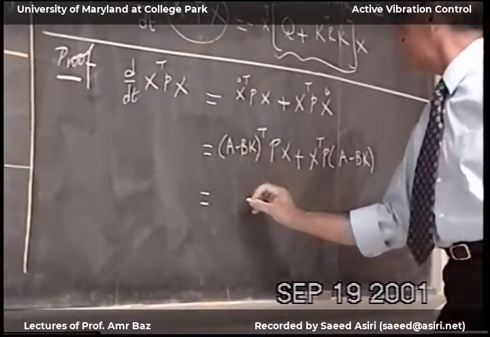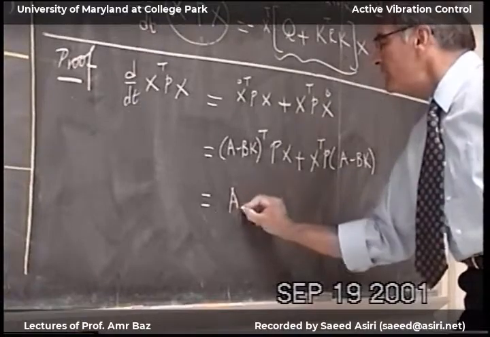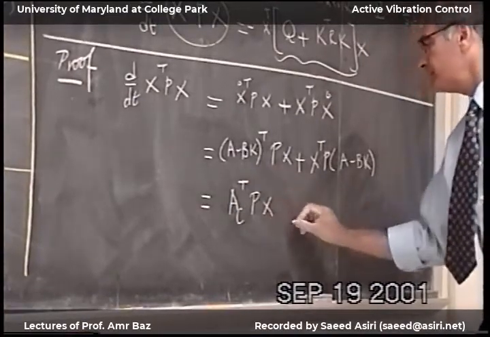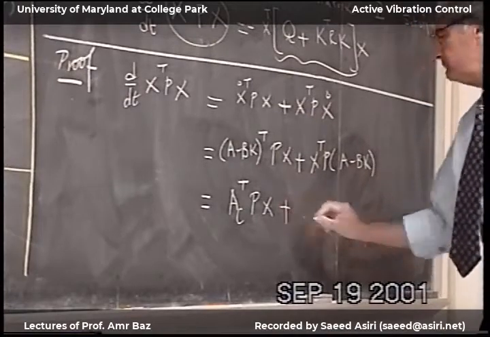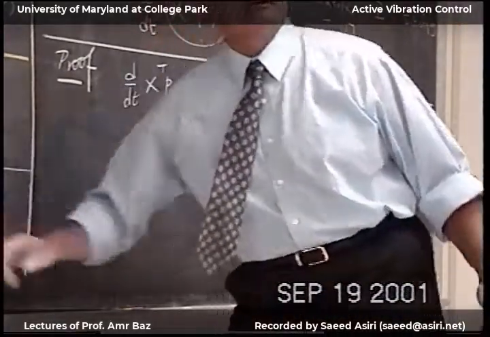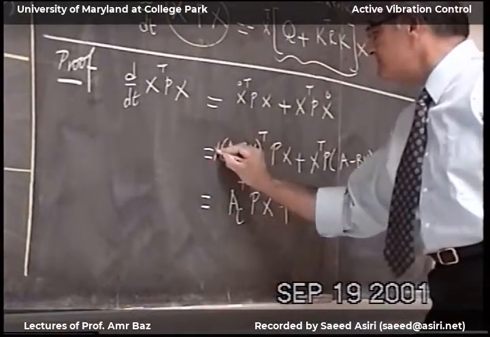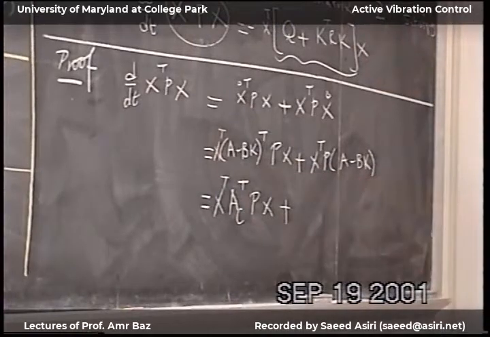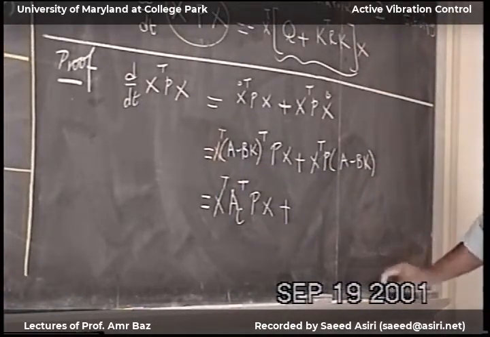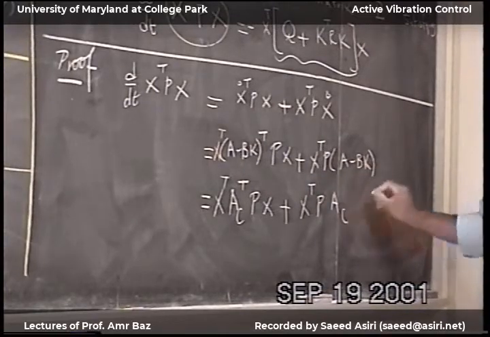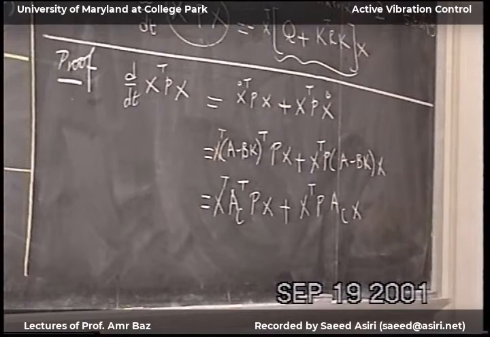So I'm going to make this x transpose A_c transpose P x plus... I'm sorry. We have the x here, so the x has to be there. And then this second term, we have x transpose P, and then A_c x.